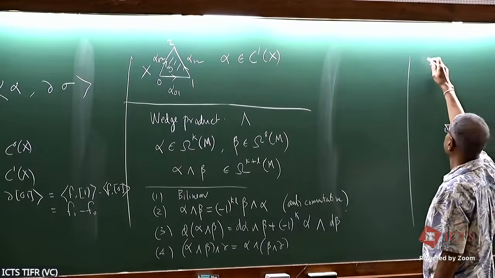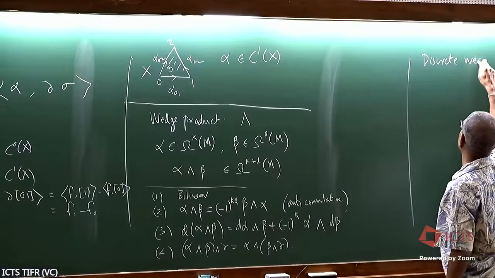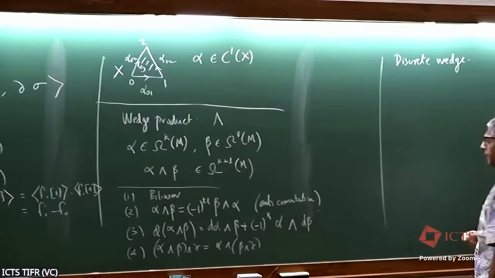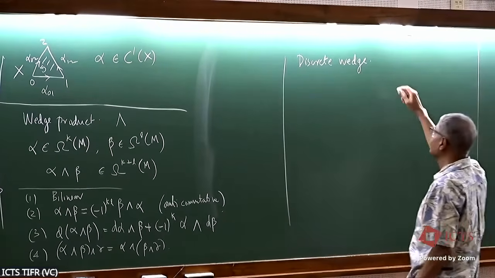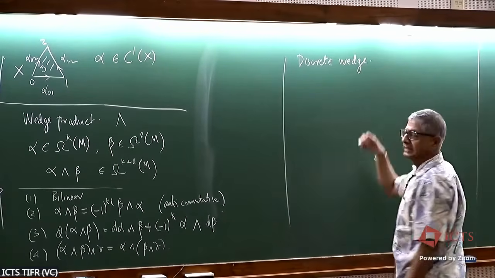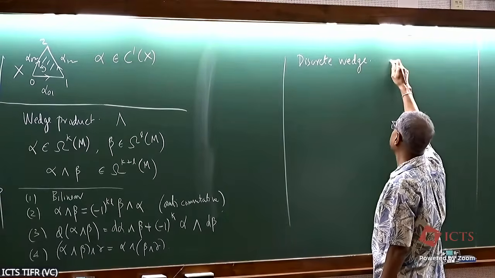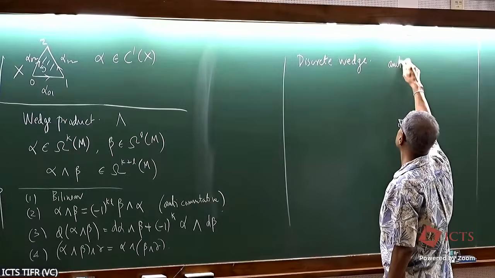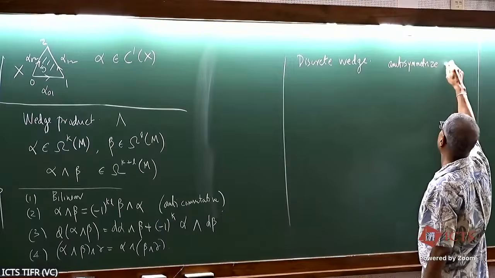Let me just write the discrete wedge definition. Okay, what I'll do is, instead of writing the definition, I'll give examples to save time. So discrete wedge, I'll just write the words. It's an anti-symmetrized cup product.